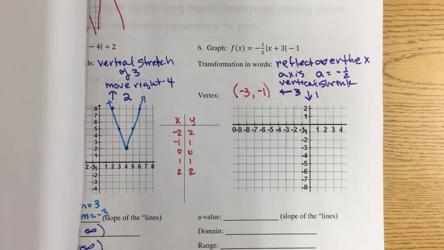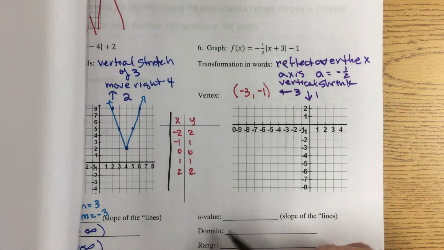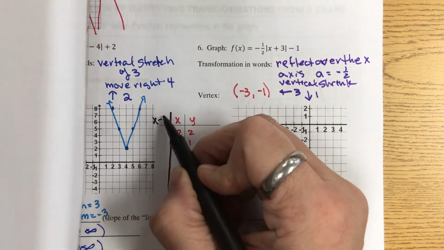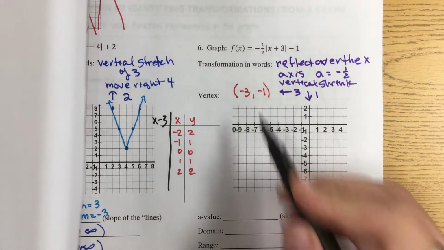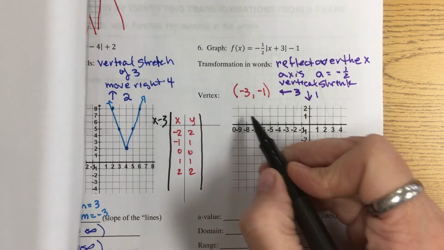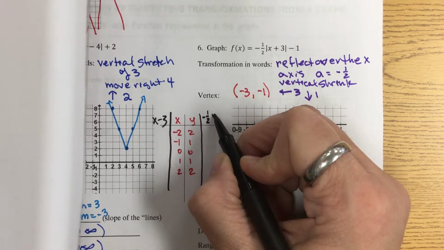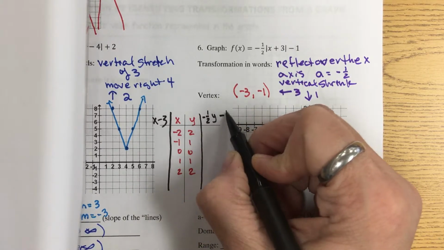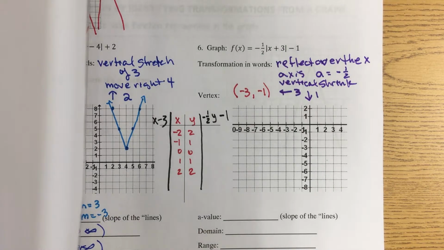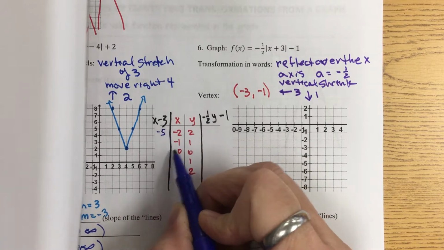And what am I going to do to my x value? To my x value, I'm going to subtract 3 because I'm going to the left 3. Then for my y value, I'm going to multiply it by -1/2, and then I'm going to subtract 1. So I subtract 3 and get -5.